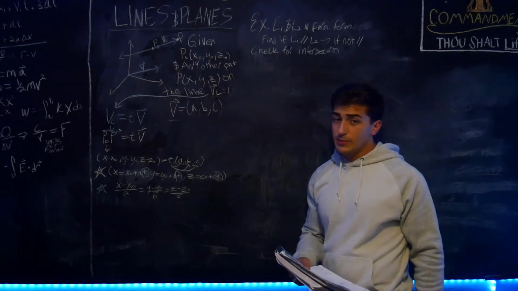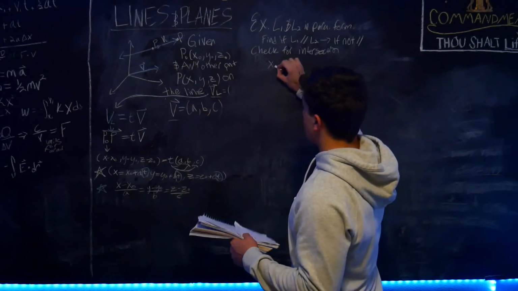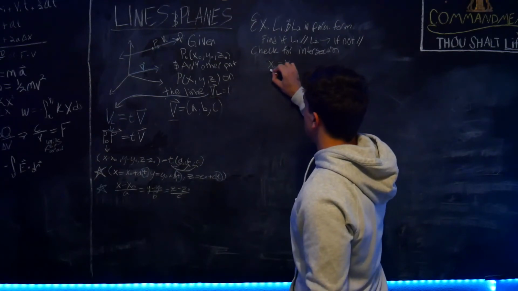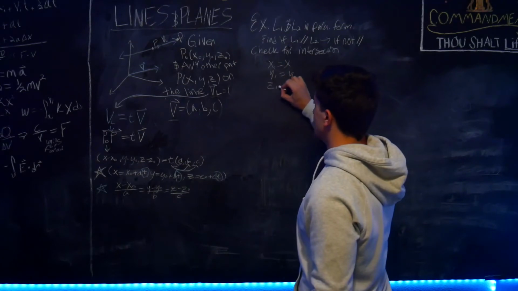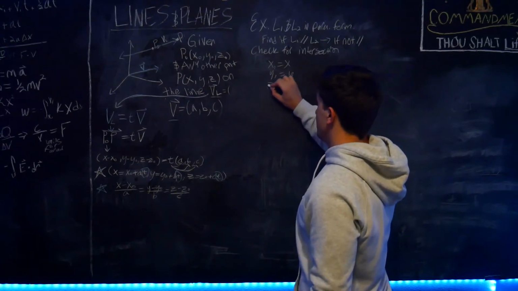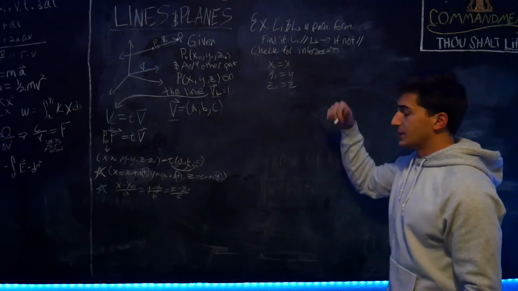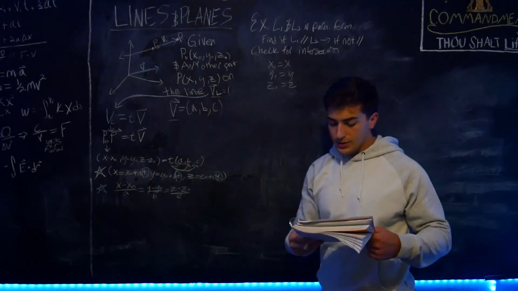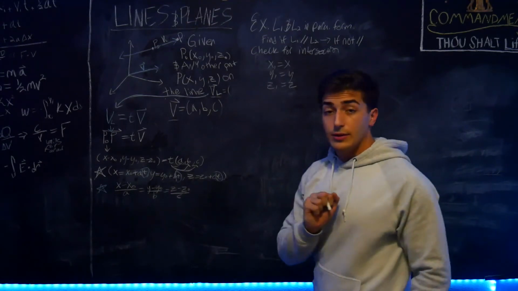Now I'm just going to write it out: x1 equals x2, y1 equals y2, z1 equals z2. This is a system of equations. If they all are the same, they intersect. If they aren't, they don't intersect, and that means that they skew.